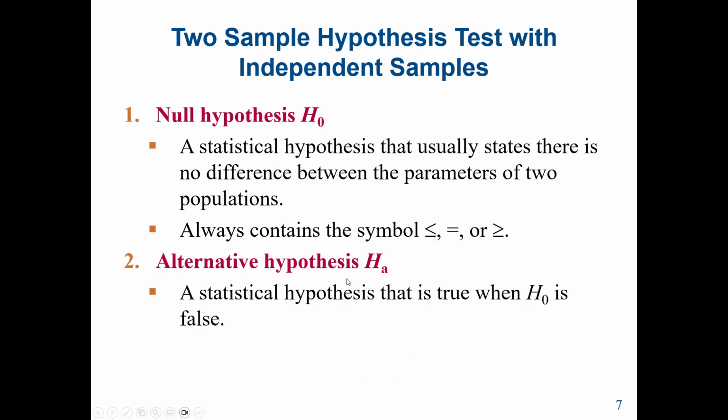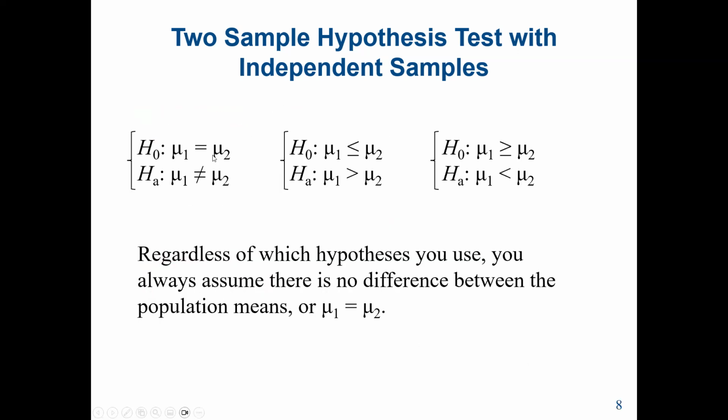Then the alternative hypothesis always goes against the null hypothesis. If the null hypothesis is less than or equal, then the alternative hypothesis will be greater than. If the null hypothesis is equal, then the alternative will be not equal. If the null hypothesis is greater than or equal, then the alternative hypothesis will be less than. So these are all the possible cases.